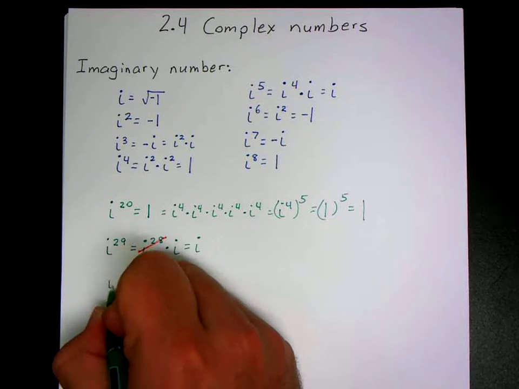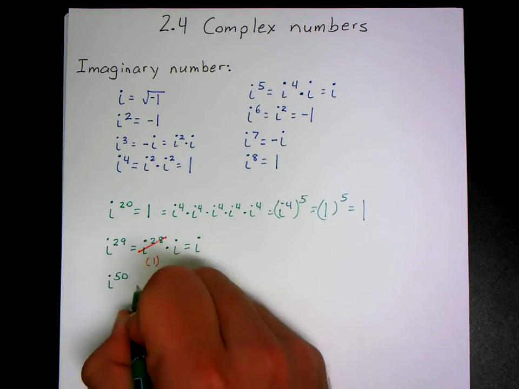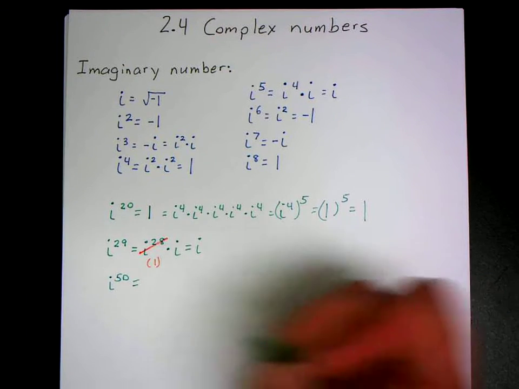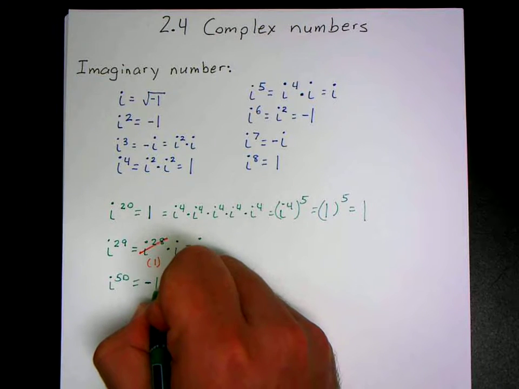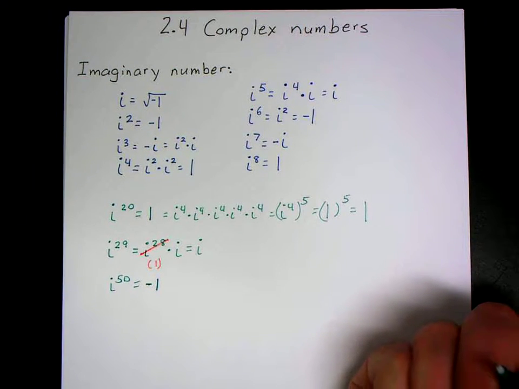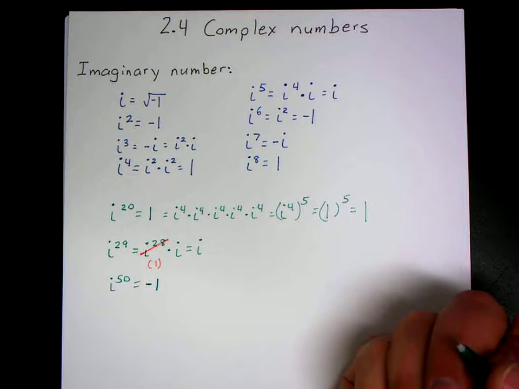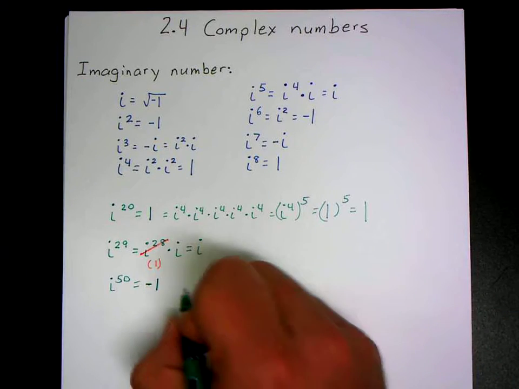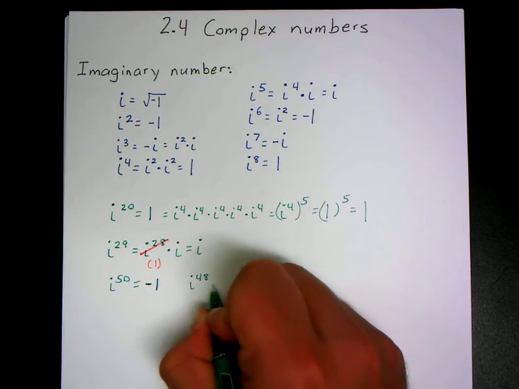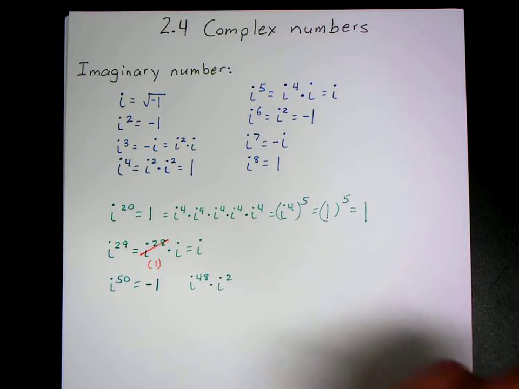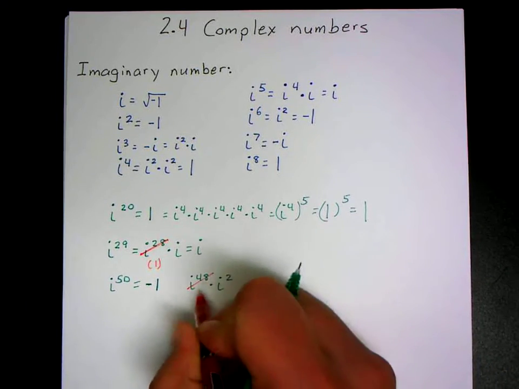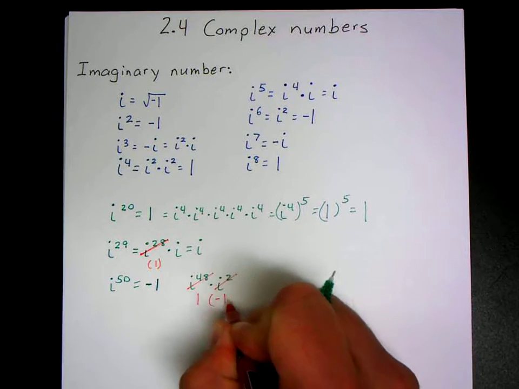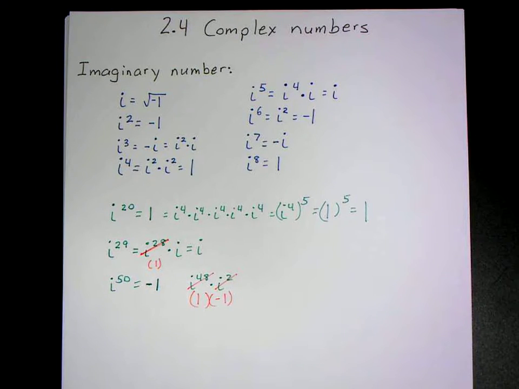So how about i to the 50th? -1. Because the closest number that's a multiple of 4 is 48, which would leave me 2 left over. So this becomes 1. This becomes -1. So that gives me -1.